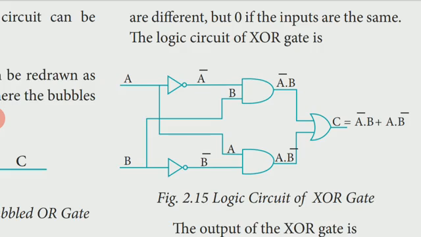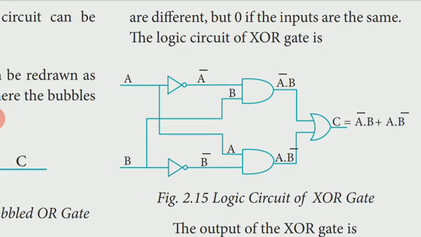So what they did in this circuit is, first they took A complement, and from B they took the positive value, that is B before complement.